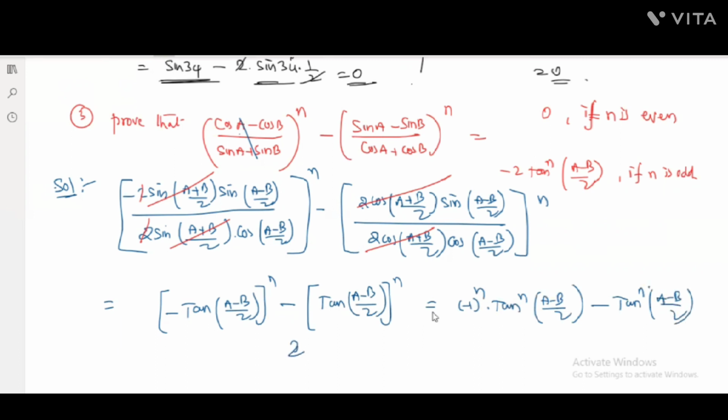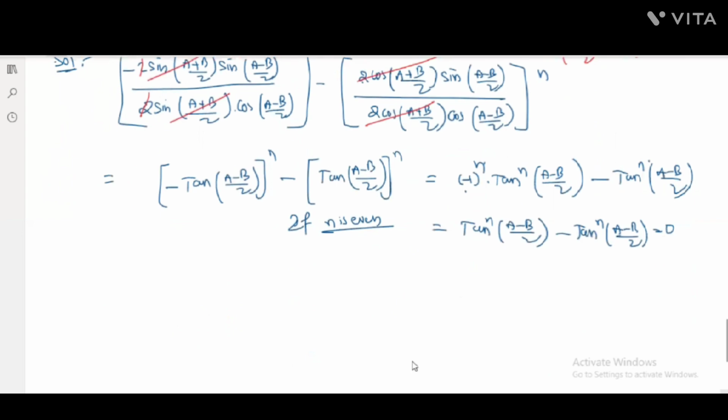So in this case, if n is even, this (−1)^n will become plus. Then it will become tan^n((A − B)/2) minus tan^n((A − B)/2), which is equal to 0. If n is odd, we'll get negative.